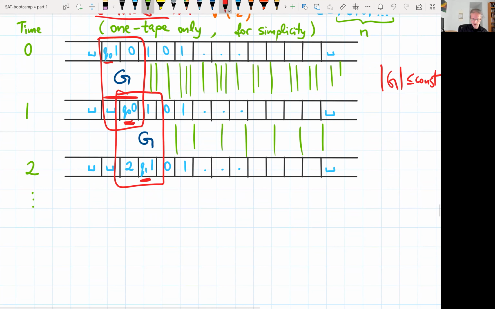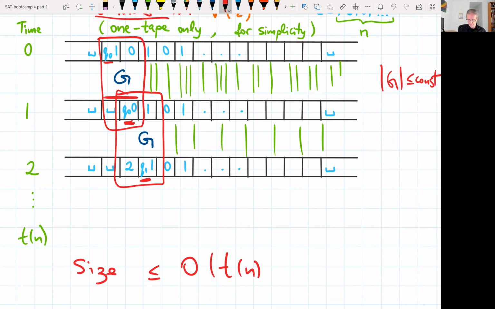Well, at most T of n, because the length of the computation is T of n, and I do one copy of G per time step. So now the size of the overall circuit is at most constant, size of each G times T of n, as opposed to T squared, because now the width is very small, very narrow.